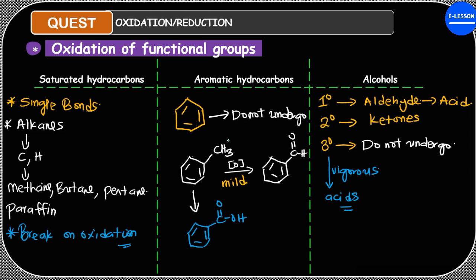Now if you look at this first one, you agree with me that this was oxidized to give us benzaldehyde. This is toluene, which is methylbenzene. There's no space to write it, so let me just write it here. Now when it is oxidized with a mild oxidizing agent, it changes toluene to benzaldehyde.